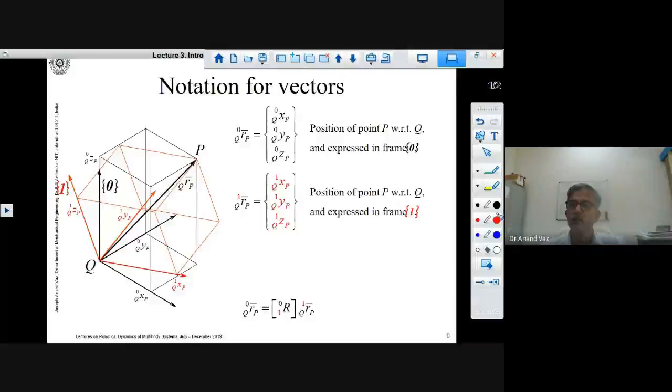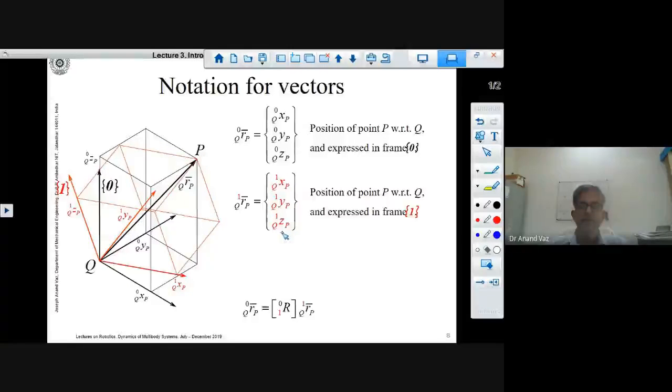The components of the same vector in different frames would be different. When you express the same vector in frame 0, you get different components. When you express the vector in frame 1, you get a different set of components.